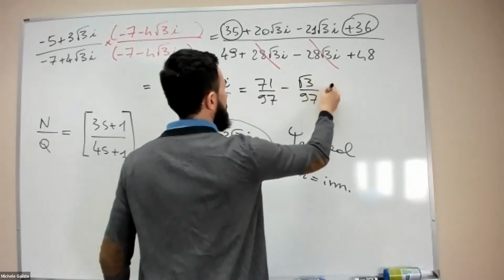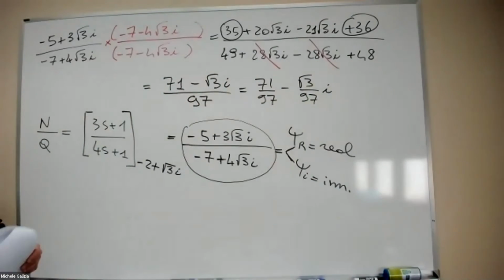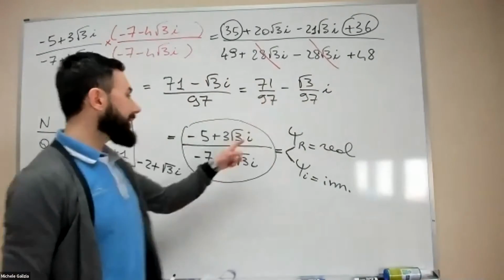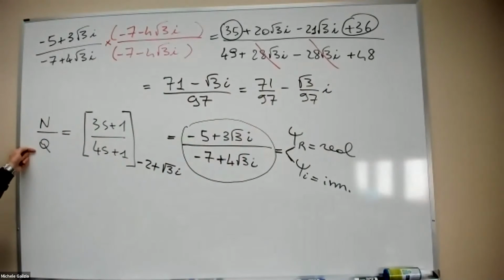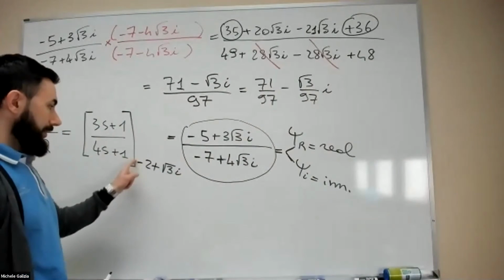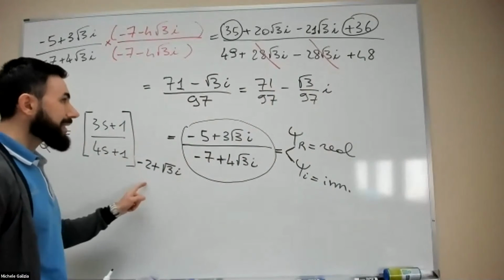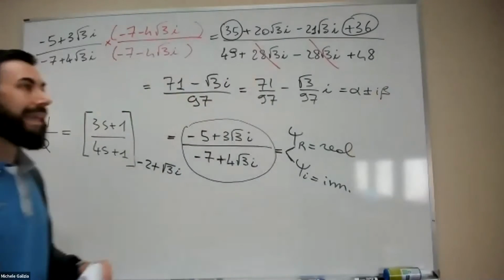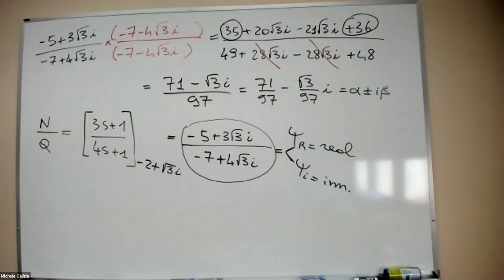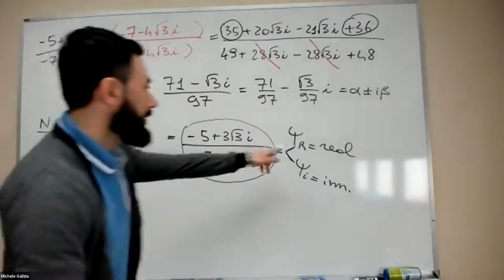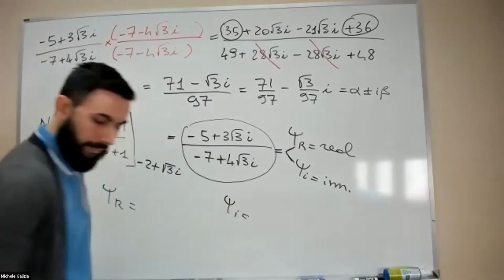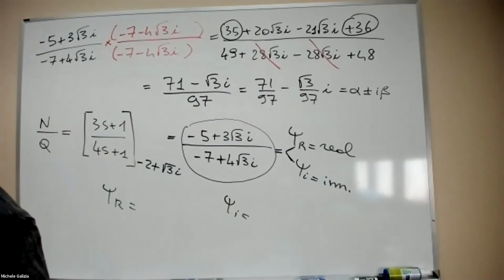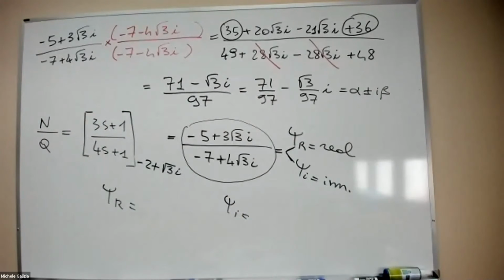So basically we have now this quantity n over q calculated in correspondence of the complex pole, expressed in the standard form. Make sense for everyone? Okay. So now with this being said, who is psi r and who is psi i?